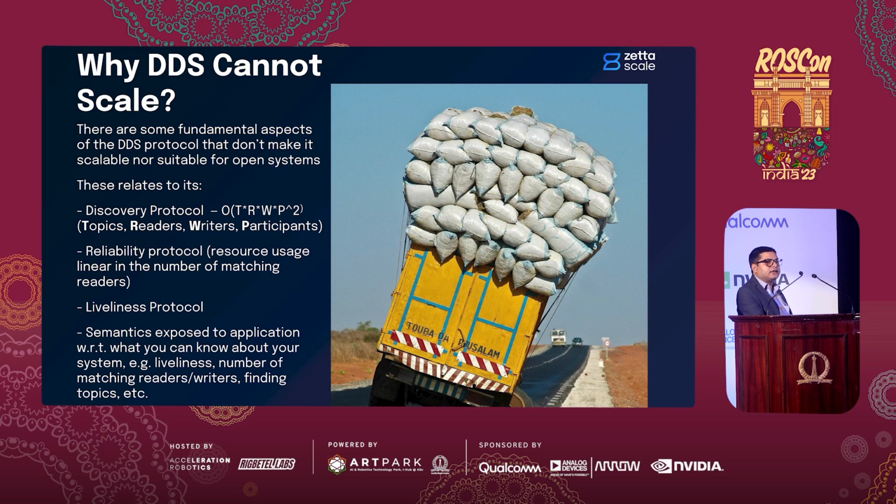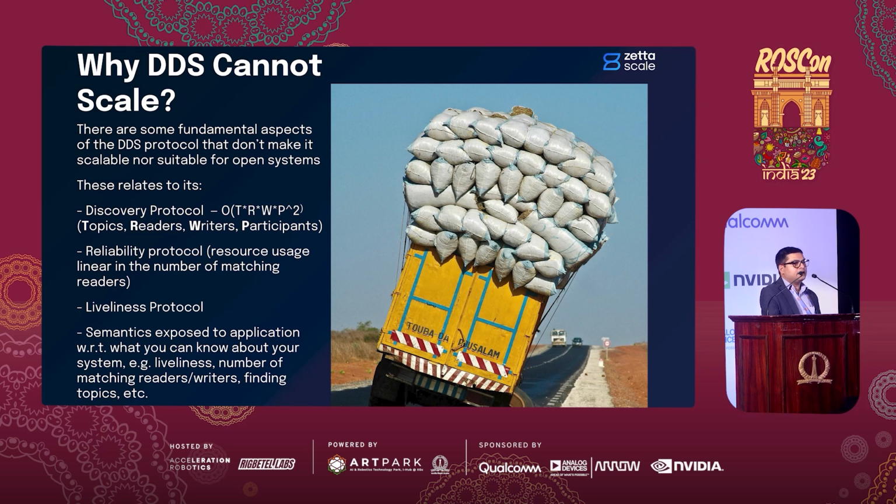On top of that, there is a reliability protocol, where all the data writers need to maintain the state of all connected data readers. For example, if you have a writer which is connected with n number of readers, and each reader has some history, then your writer needs to manage the state of all the readers along with the history.